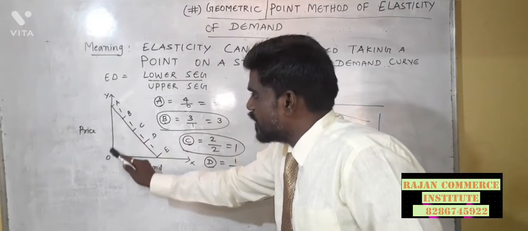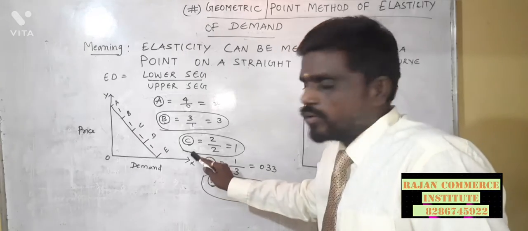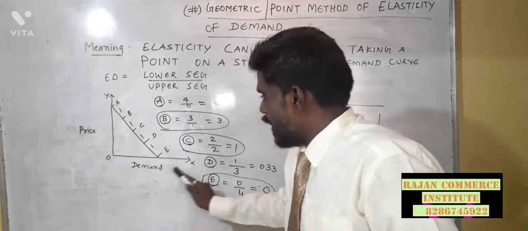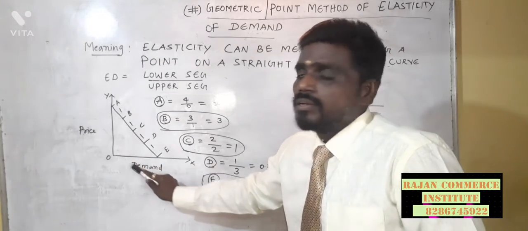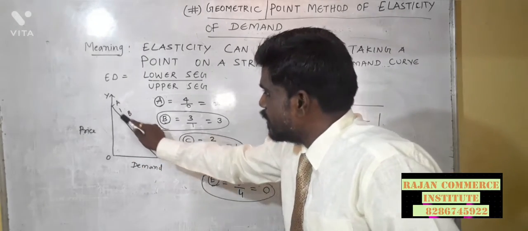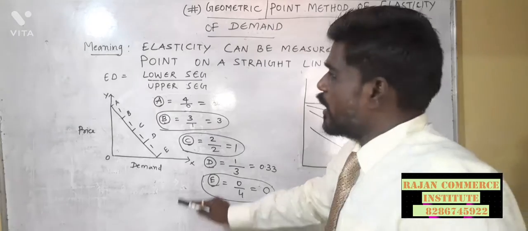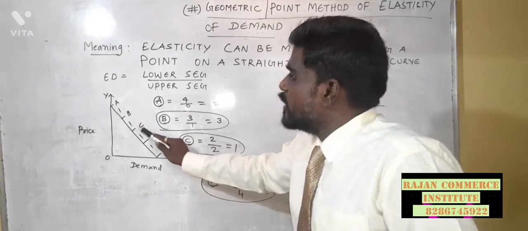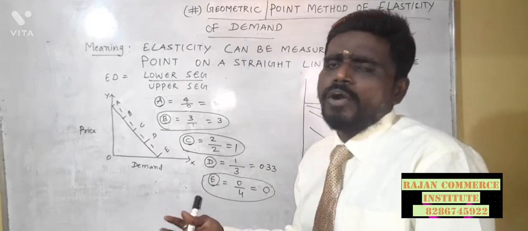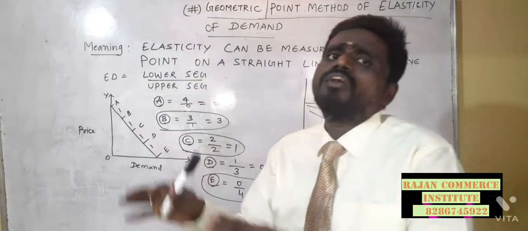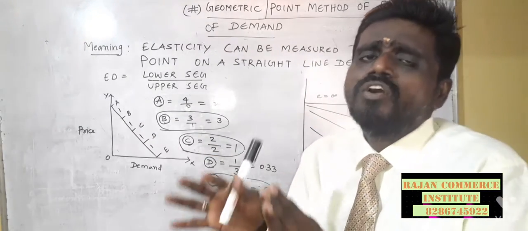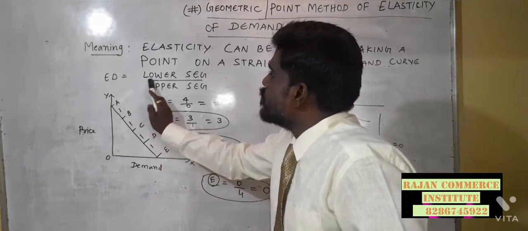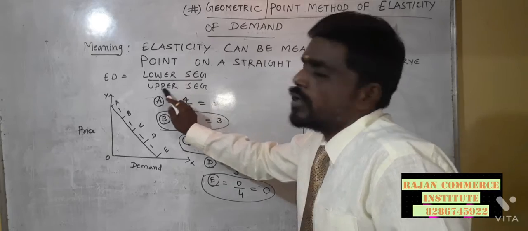So this is the graph which I already drew on the board. The Y-axis represents the price, the X-axis represents the demand, and this is the demand curve. I have taken 5 points on the demand curve. You can take any number of points and calculate the elasticity of demand of that particular point by using this formula, lower segment upon upper segment.